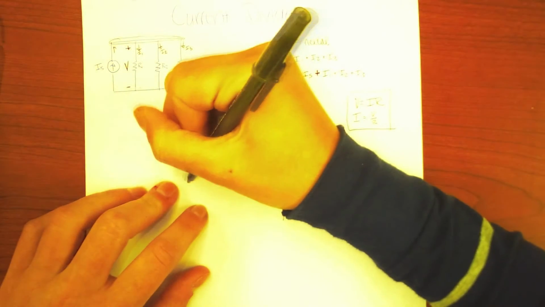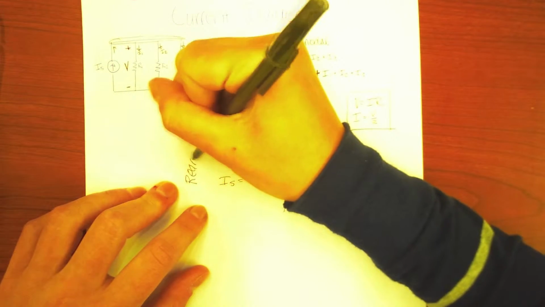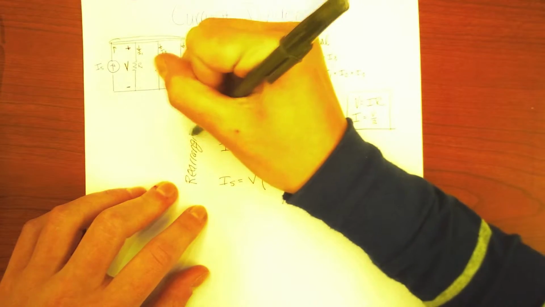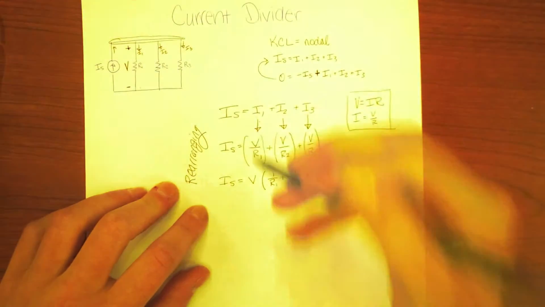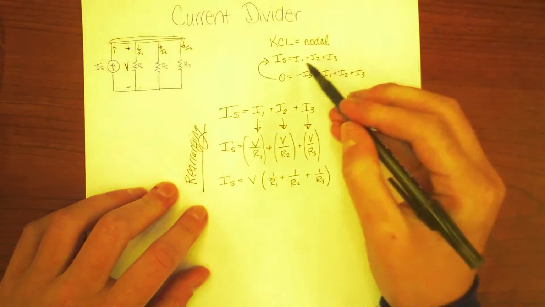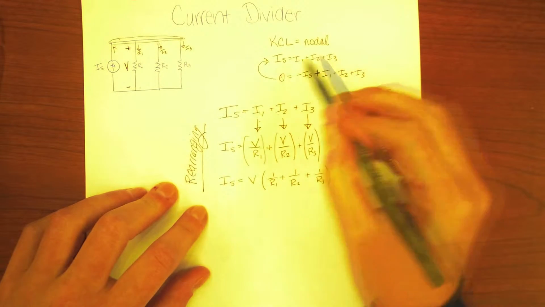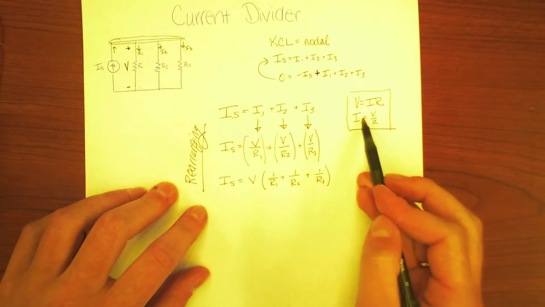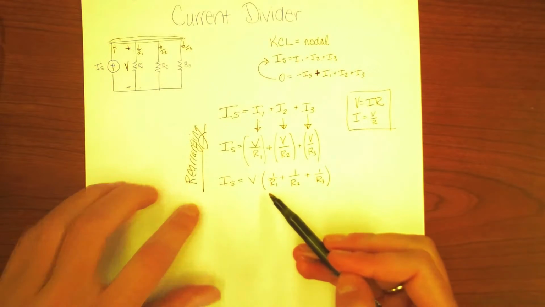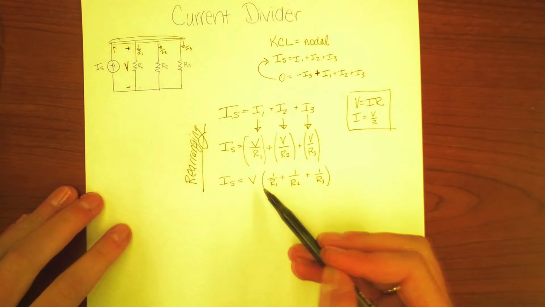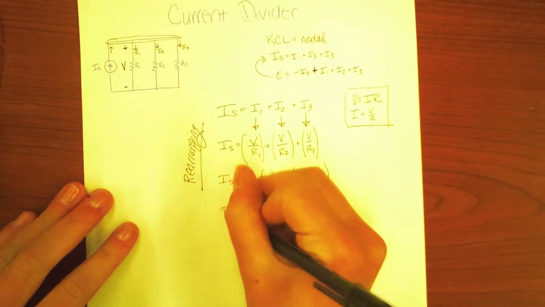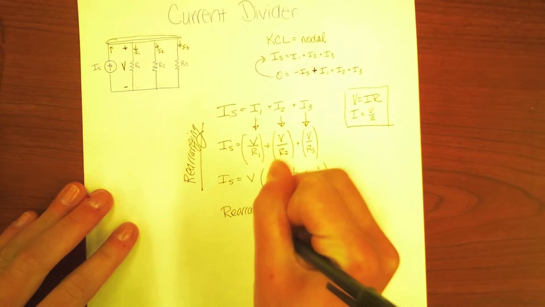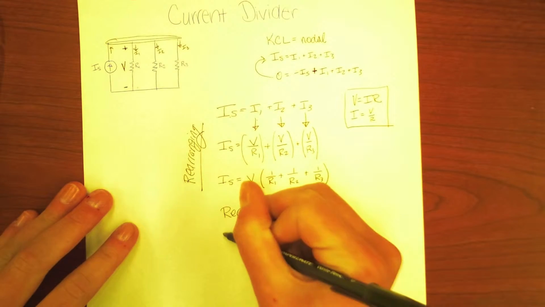So this is just rearranging. We evaluate the circuit here, and now these steps are just plugging in these things that we know. And then rearranging it one more time to get V. We want to know what V is.